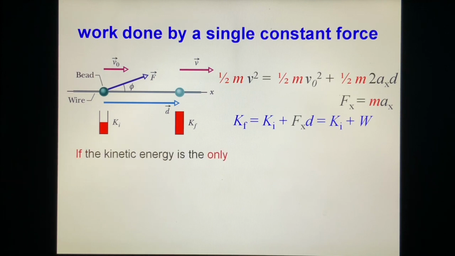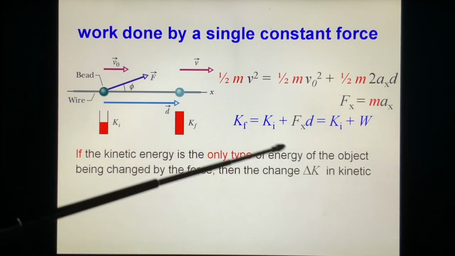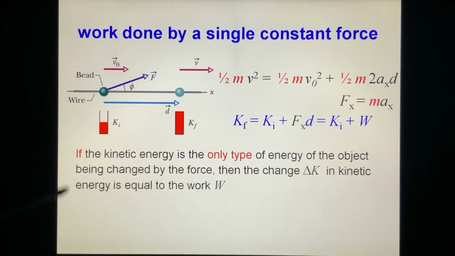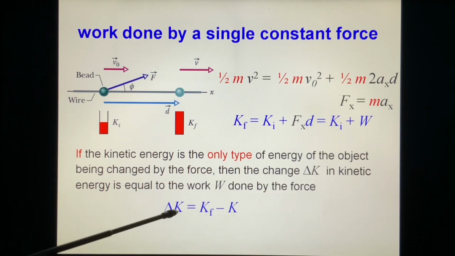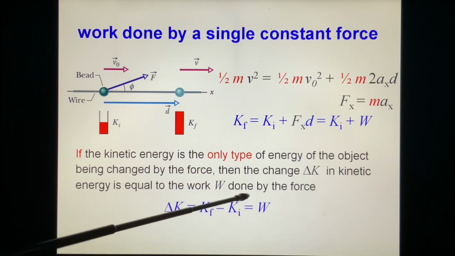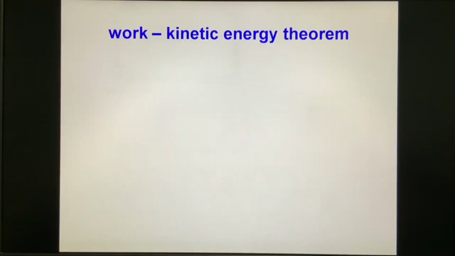If kinetic energy is the only type of energy of the object being changed by the force, then the change delta K in kinetic energy is equal to the work done by the force. Delta K, K final minus K initial, equals W, or K final is equal to K initial plus the work done by the force W. This is the work-kinetic energy theorem.